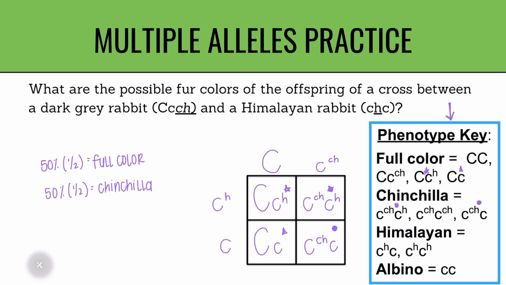These are just fur coloration types in rabbit coats. Full color means that they are a solid color, albino means that they completely lack any color, including in their eyes. Himalayan rabbits and chinchilla rabbits are a combination in between where they have some white spots but they're not completely a solid color.